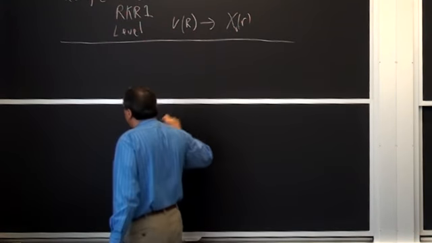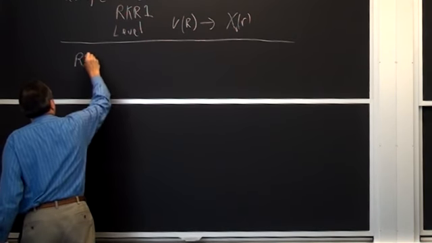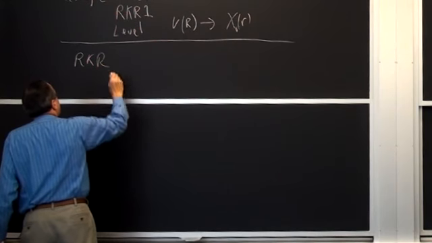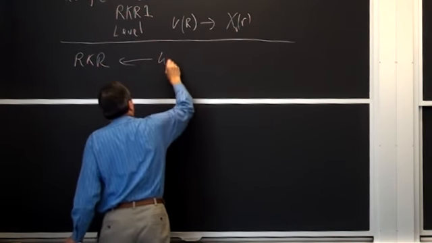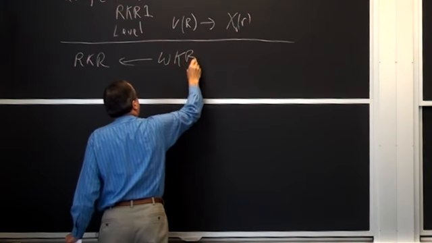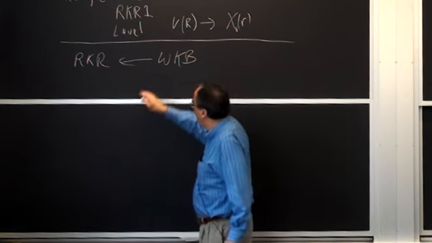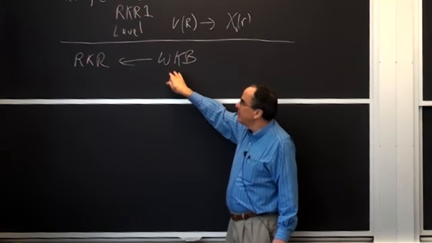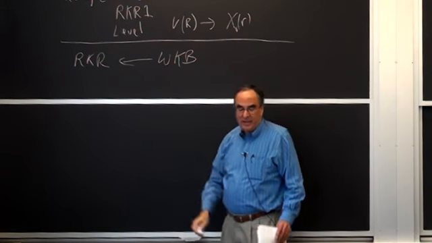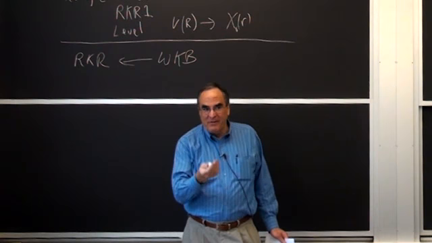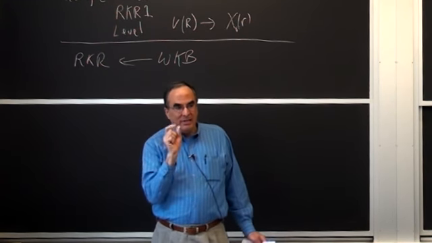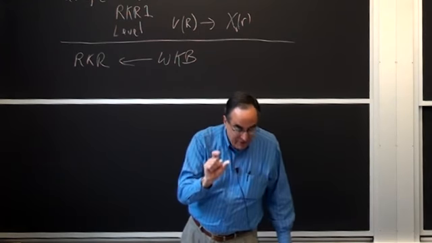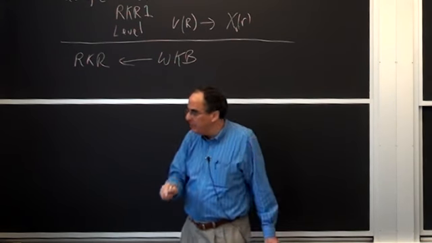So RKR, Rydberg-Klein-Rees, is a direct product of WKB, Wentzel-Kramers-Brillouin. This is a semi-classical approach. It is a fantastic tool, and it is relevant, at least in little bits of analysis, for polyatomic molecules.